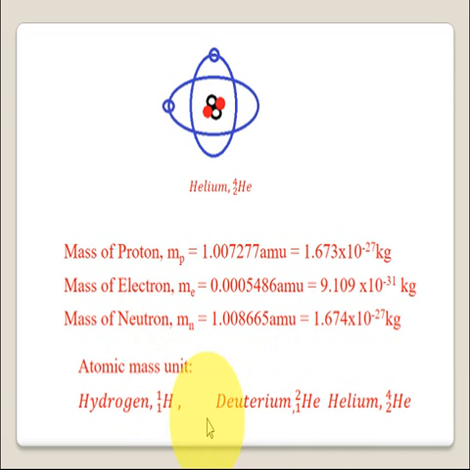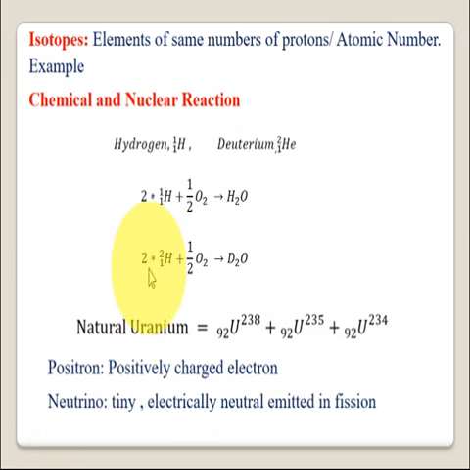But in the first two, the atomic number is the same. So elements having the same atomic number and different mass number are called isotopes. So hydrogen and deuterium, which is also called heavy water, are isotopes of each other. So isotopes are elements with the same number of protons, meaning the same atomic number. An example is hydrogen and deuterium.